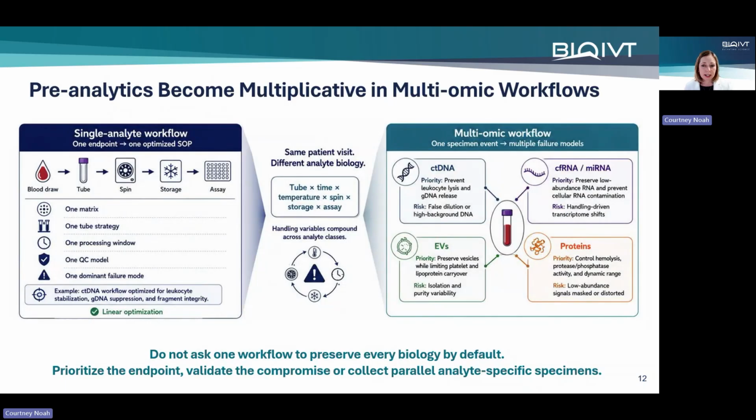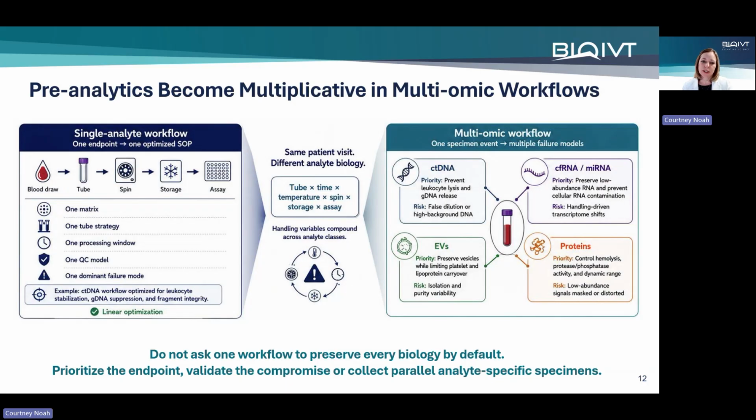As we think about multi-omic studies and why they fail, one of the key factors is investigators underestimating the impact of pre-analytics. When we're moving from single analytes to multiple analytes, the complexity really doesn't increase linearly. It's quite dramatic, almost exponential in complexity and scale.